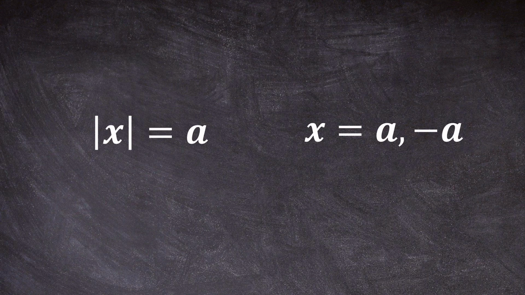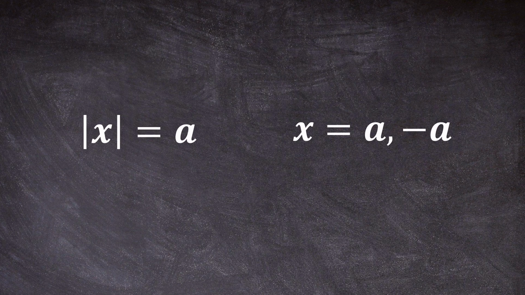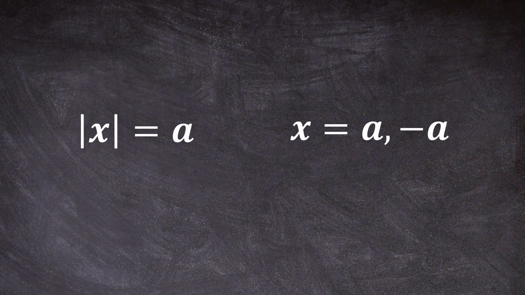Let's go. This is a little cheat sheet or tips and tricks page that I have prepared for you, and it basically illustrates how you should approach an absolute value equation from the beginning.